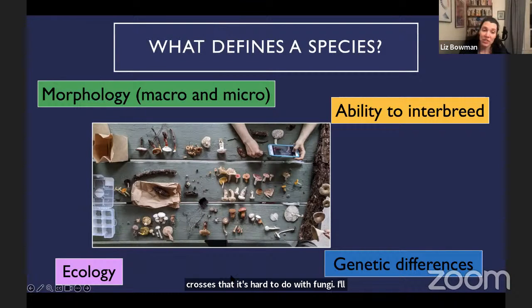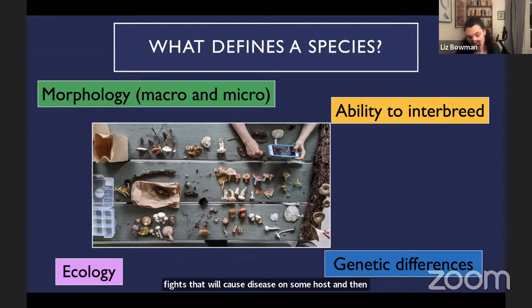Consider the ecology. Do they have the same host? Do they cause the same kind of effect on a different host? If you think of a pathogen, there are some endophytes that will cause disease on some hosts and then be beneficial to other hosts.